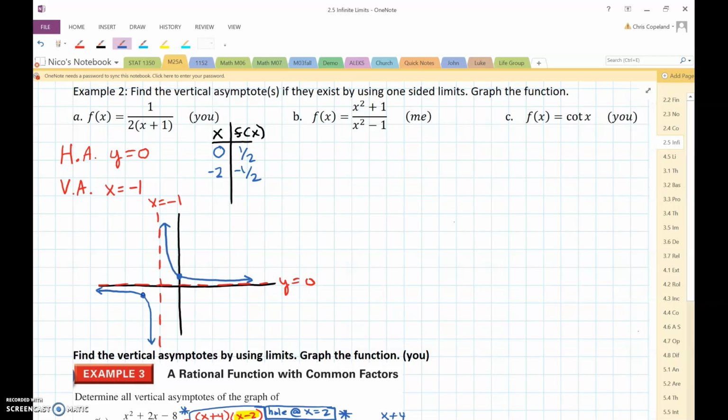Now let's use one-sided limits to describe the vertical asymptote. So this is how this will work. Let's take the limit of this function as x approaches -1 from the right.